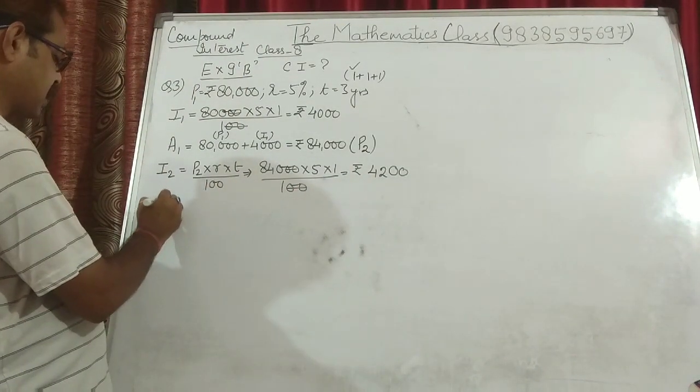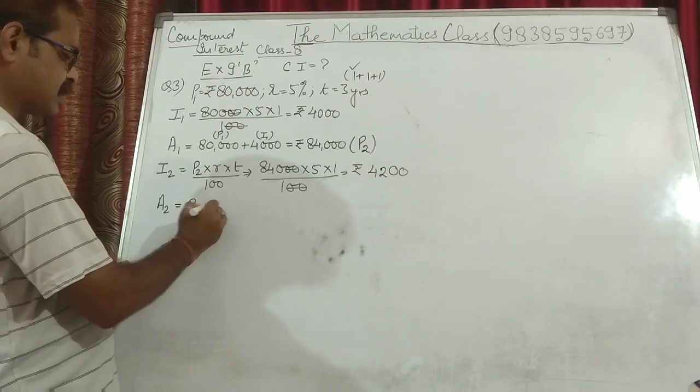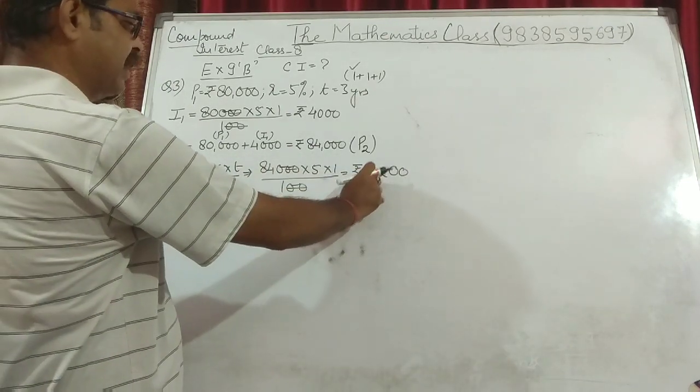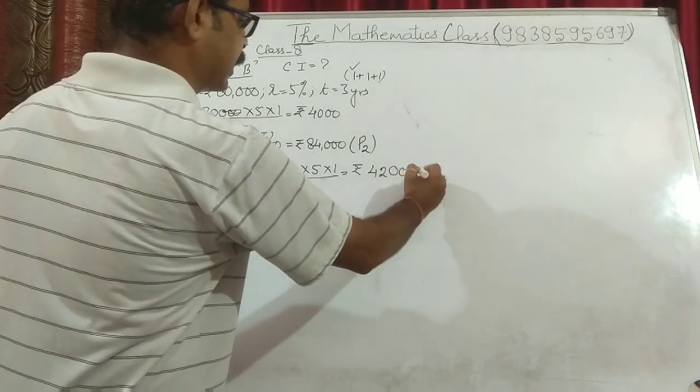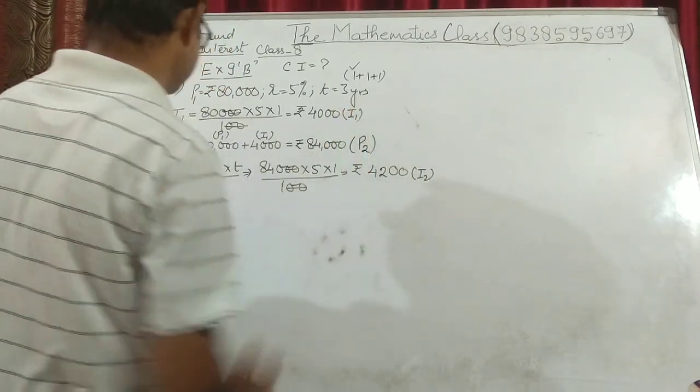So amount after second year will be P2 plus I2. P2 is the principal for the second year plus I2 is the interest after second year.